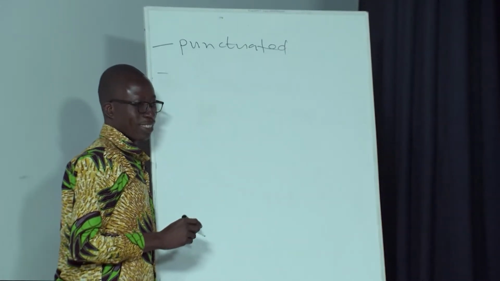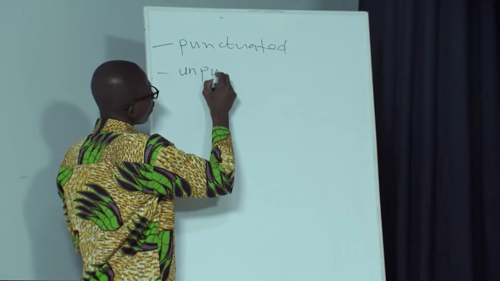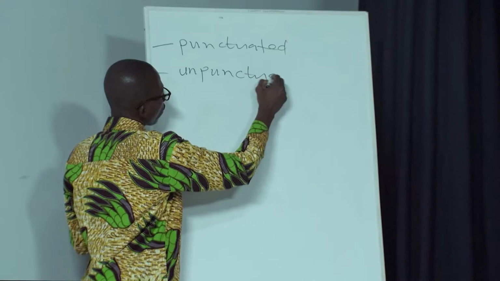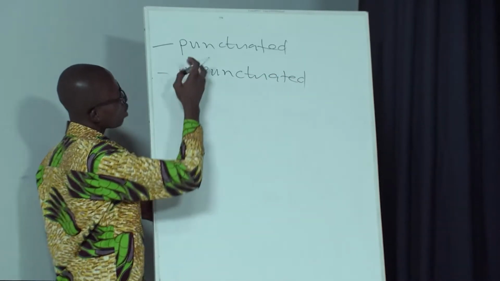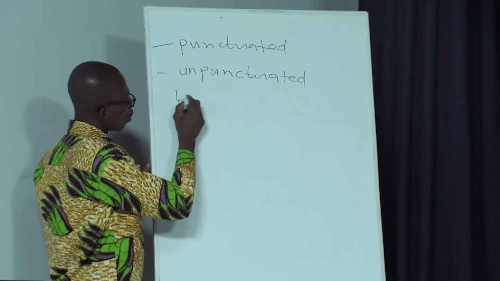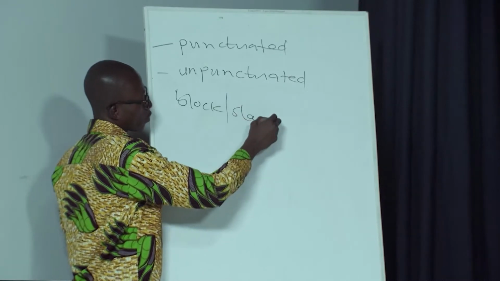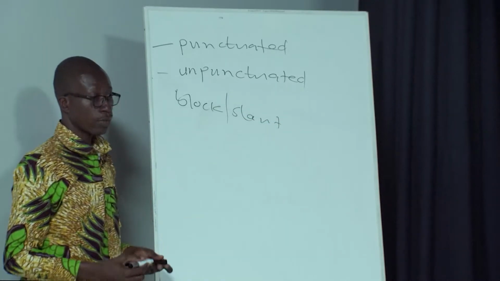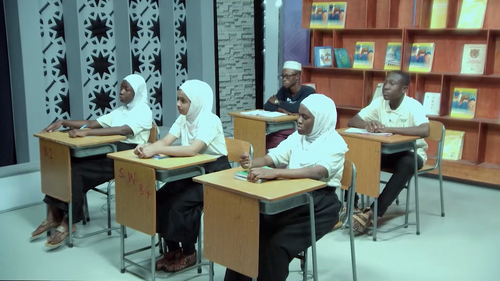Sarah? Unpunctuated. We have the unpunctuated. Good. And we said whether your address is punctuated or unpunctuated, it could be block or what? Slant. Right? Good. And we saw a few examples of that.